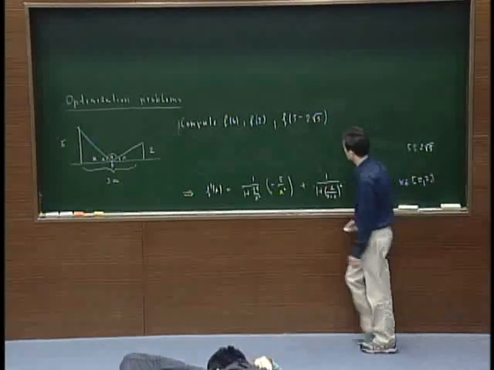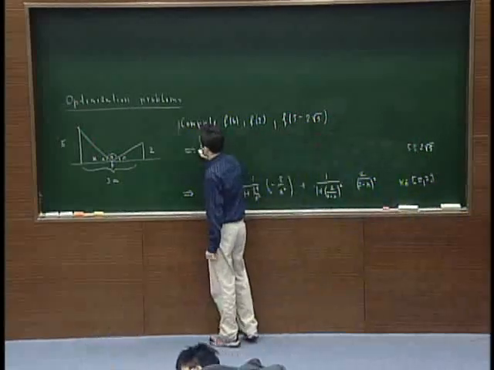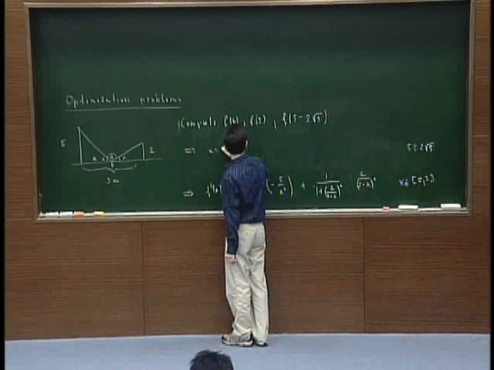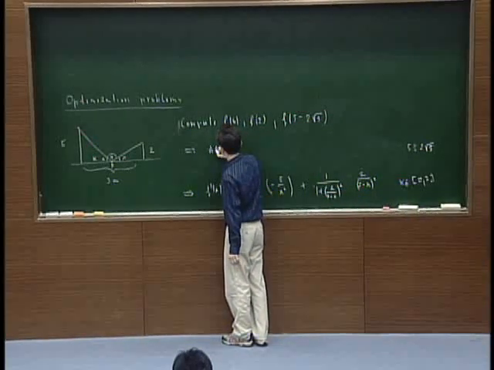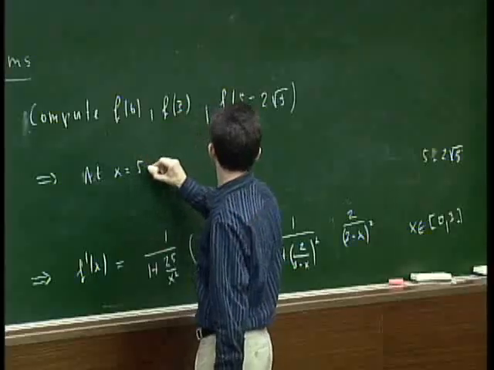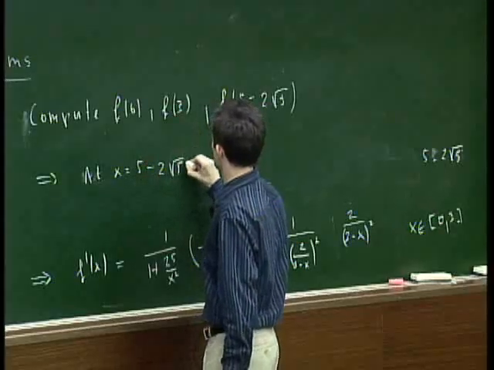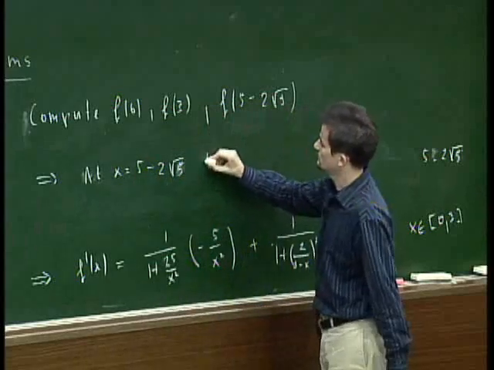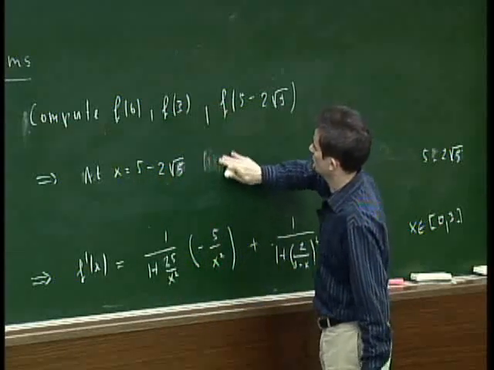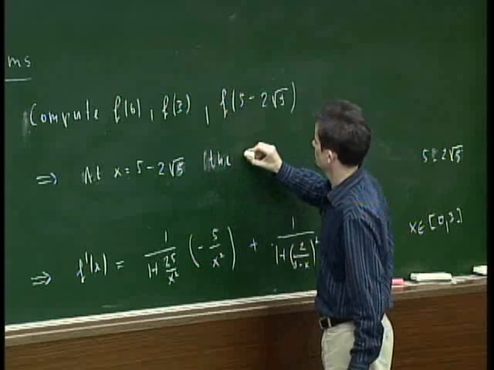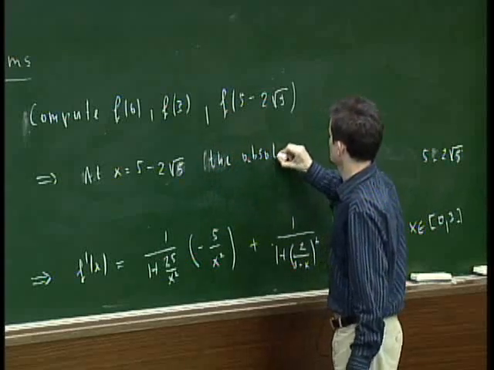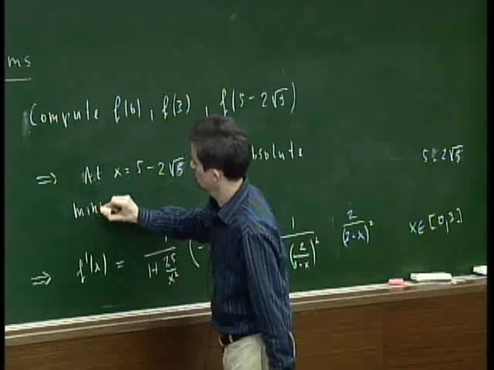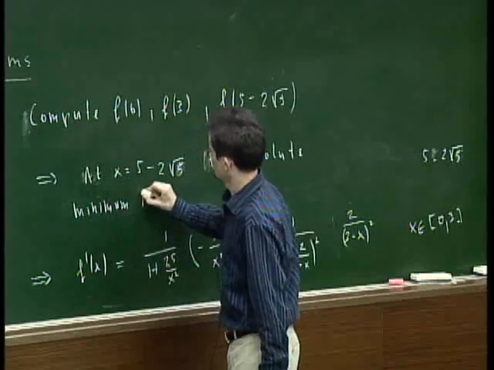So by the closed interval method, x is equal to 5 minus 2 times the square root of 5. The absolute minimum is achieved.